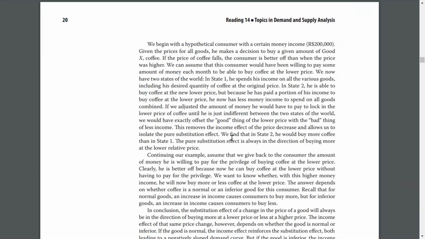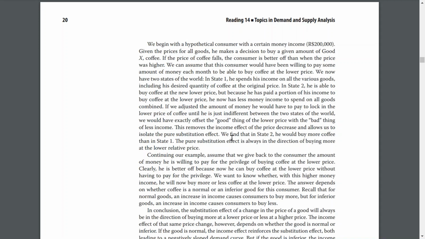If the price of coffee falls, the consumer is better off than when the price was higher. We can assume that the consumer would have been willing to pay some amount of money each month to be able to buy coffee at a lower price. We now have two states of the world.